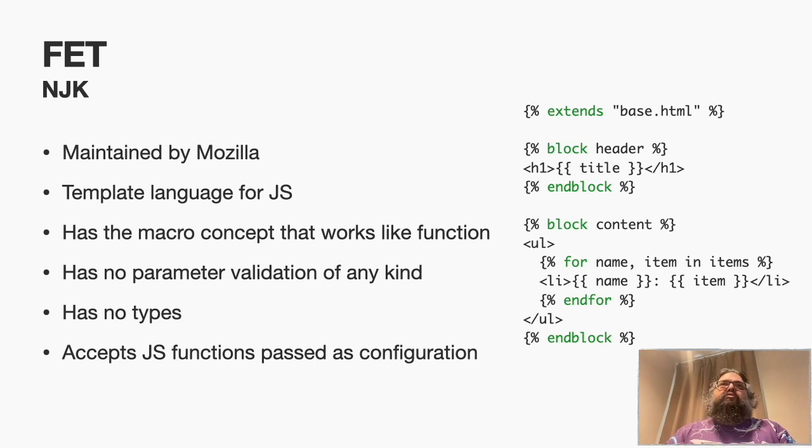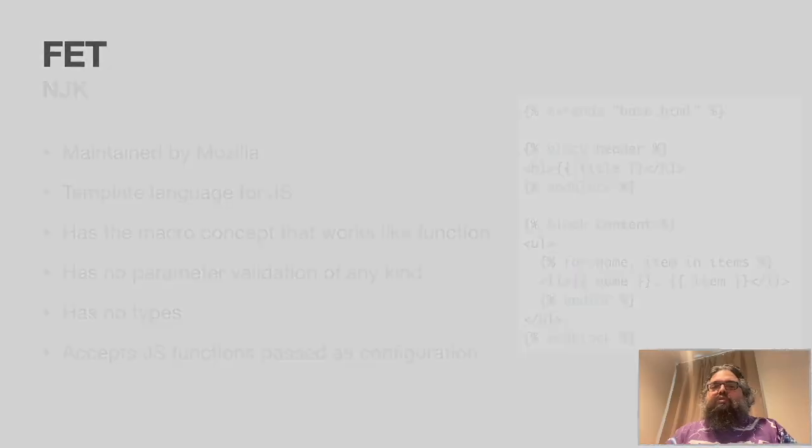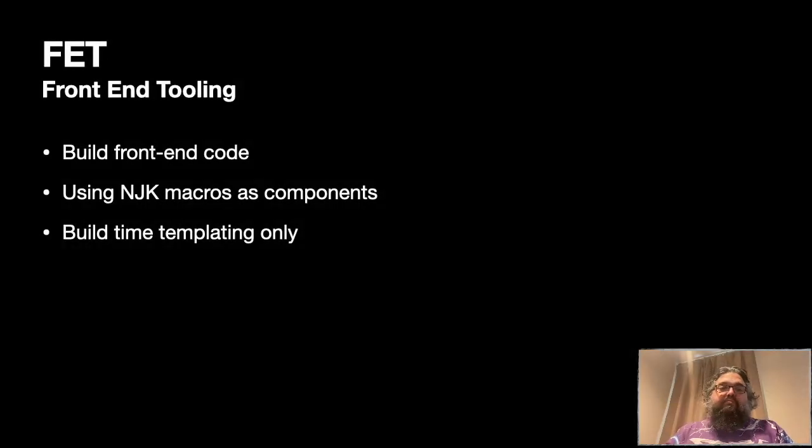So we decided to use Nunjucks, and for using Nunjucks, we decided to write a tool that we call front-end tooling that will inject the new functionalities inside of Nunjucks. Its job is to build the front-end code using Nunjucks macros as components. And we are building on templating time, on build time only.